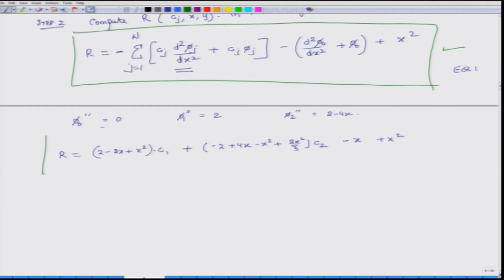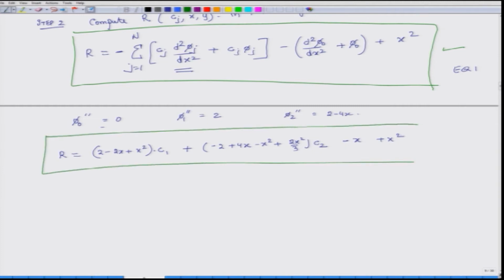So this is a simplified expression for residue R.